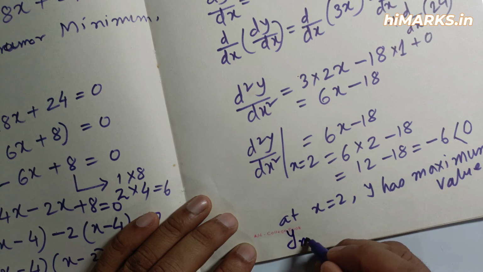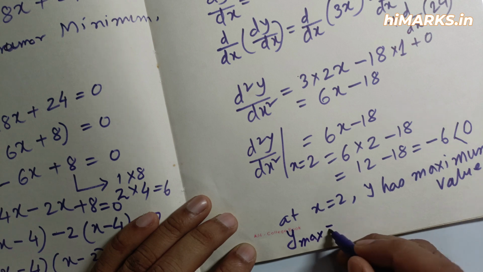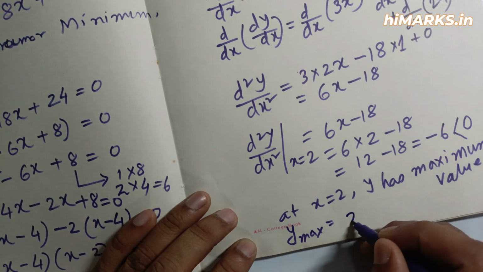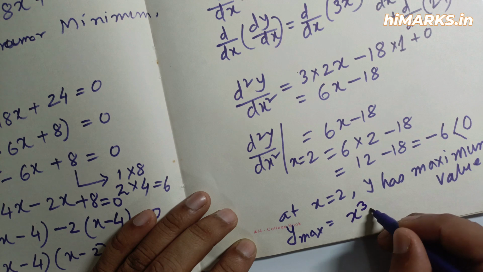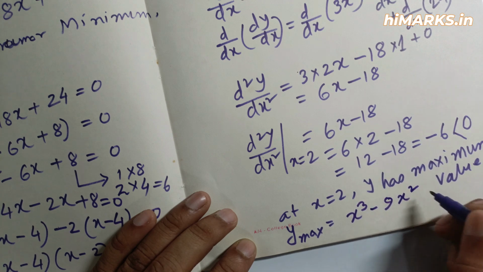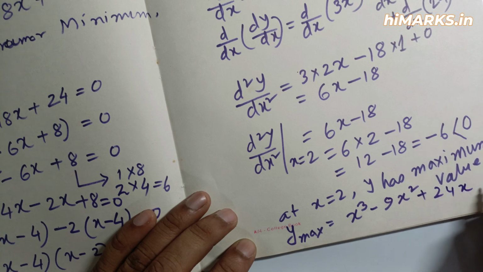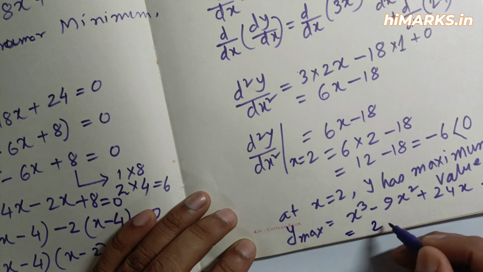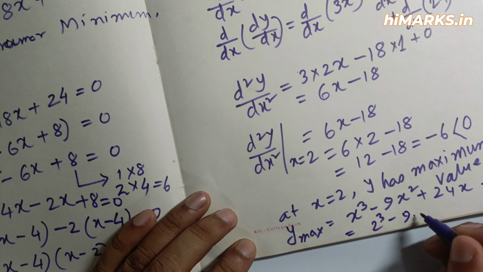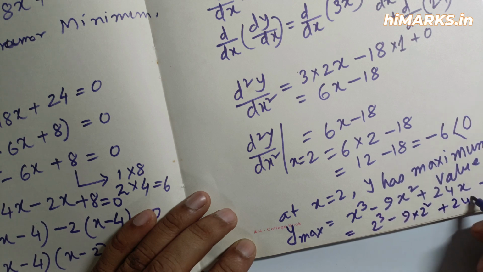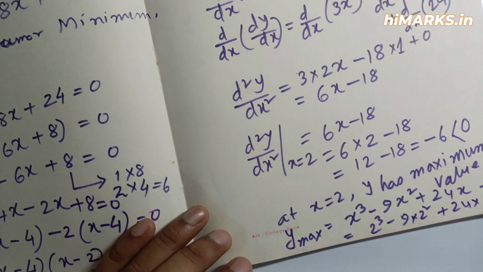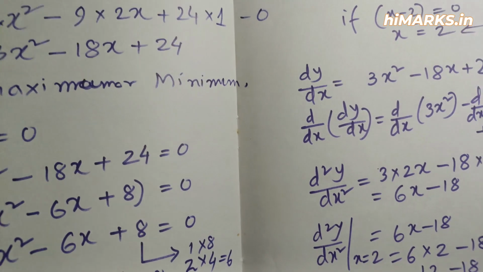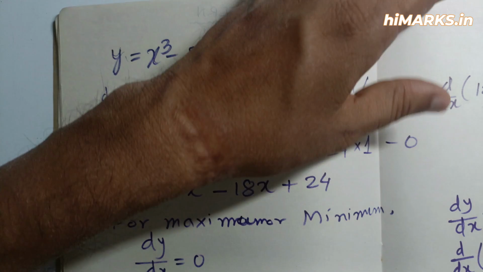What you need to do is take the y equation, which was x cube minus 9x square plus 24x, and you place this value 2 and then we'll go for calculation, and let's see what value it will provide.